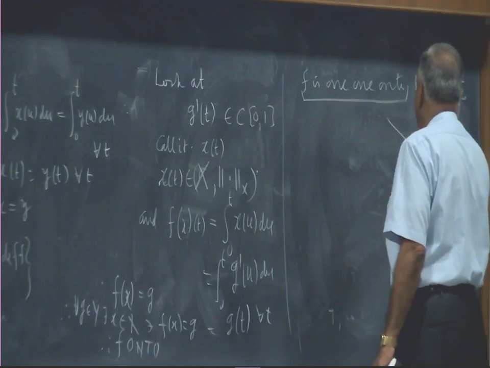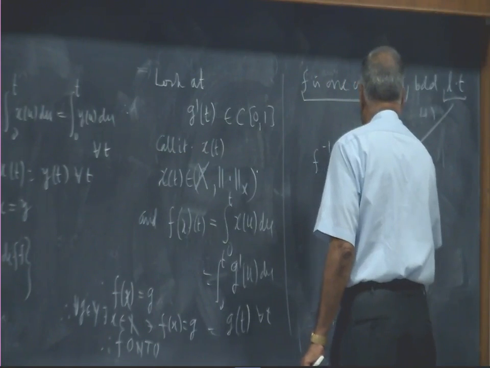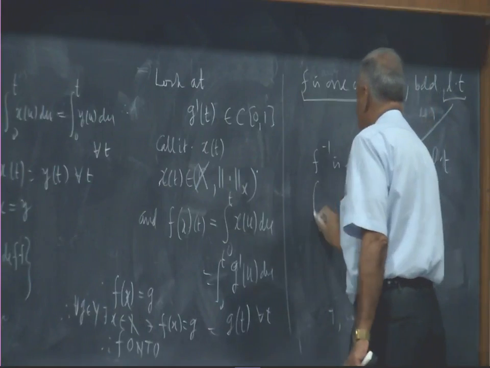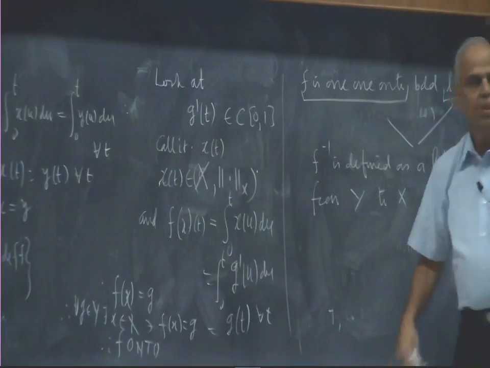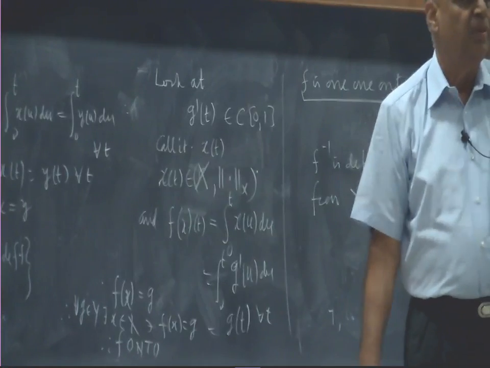These two together tell us F inverse is defined as a linear transformation from Y to X. The onto says the inverse is defined. The moment you have the inverse of a linear map, the linearity forces linearity of F inverse also.